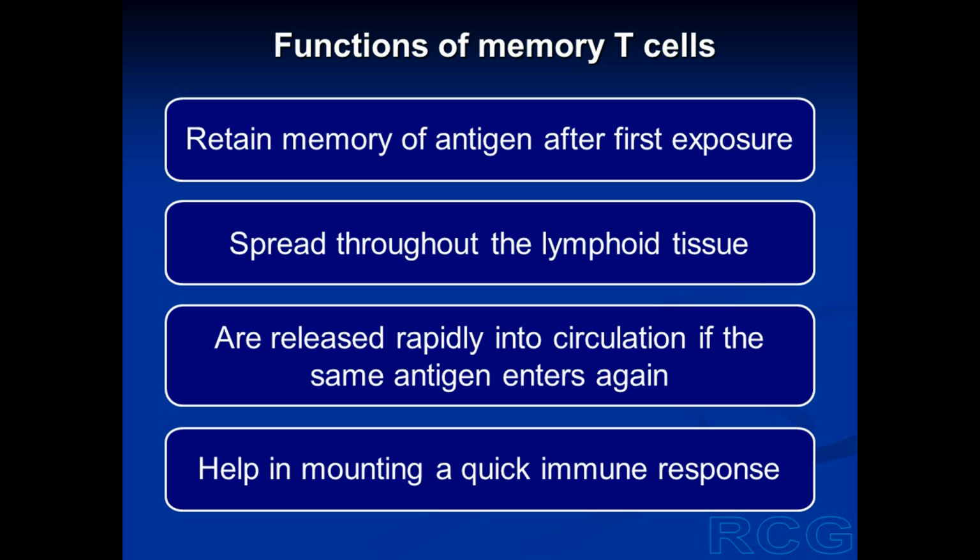The memory T cells spread throughout the lymphoid tissue. And if the same pathogen or the same antigen enters our body again, the memory T cells are rapidly released into circulation from the lymphoid tissue, and this helps in mounting a quick immune response against the pathogen or the antigen.